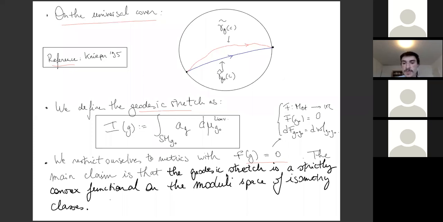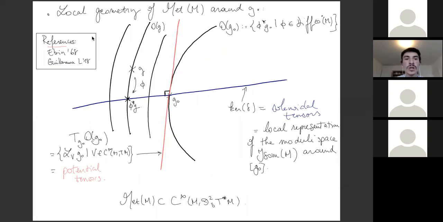I will take some time to explain what I mean by this claim, and then we will prove it. First of all, I need to explain what the moduli space of isometry classes is. For that, I need to talk about the local geometry of the space of all metrics around our metric of reference G0.